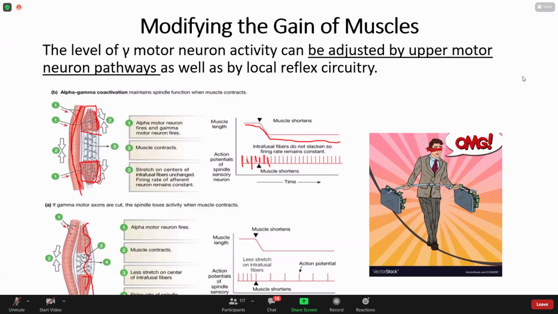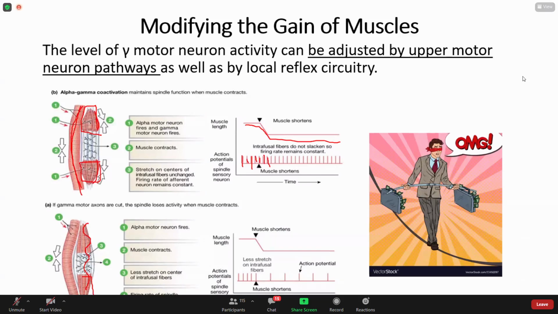So when sensory neurons are active, they will be detecting changes happening to the stretch of the muscle. And in this way, they will inform the alpha motor neurons in order to adjust for the contraction of the extrafusal fibers. And this is seen mainly in motor behaviors where precise execution of the motor behavior is required.